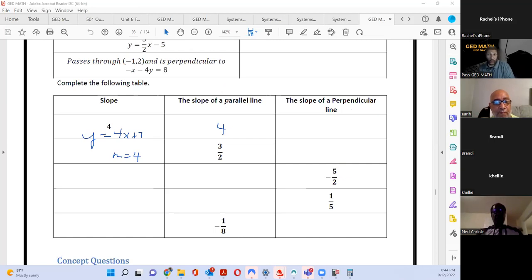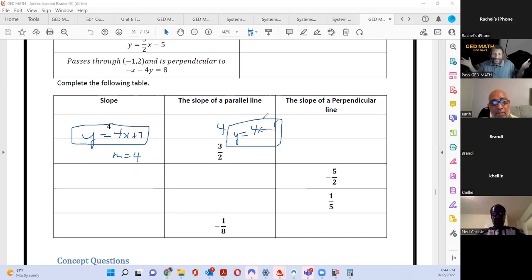What's the slope that's parallel to that? The same thing: y equals 4x minus 5. These two lines are parallel because they have the same slope. It's that easy, but you have to know it. Parallel lines have the same slope.